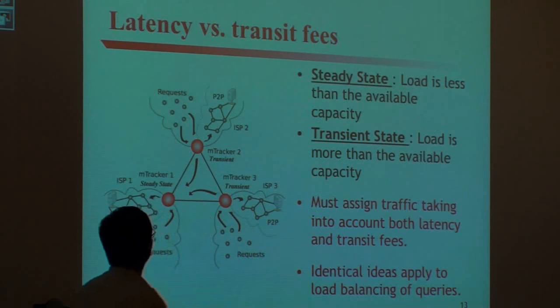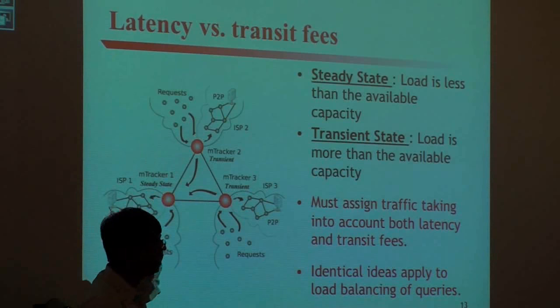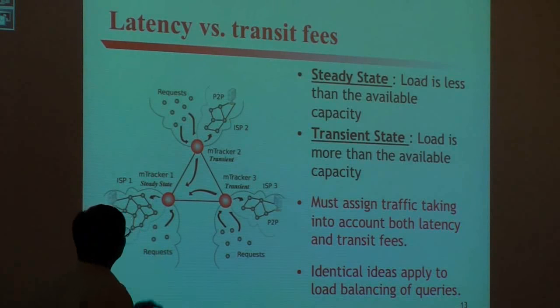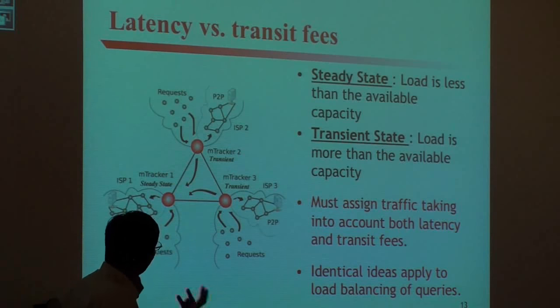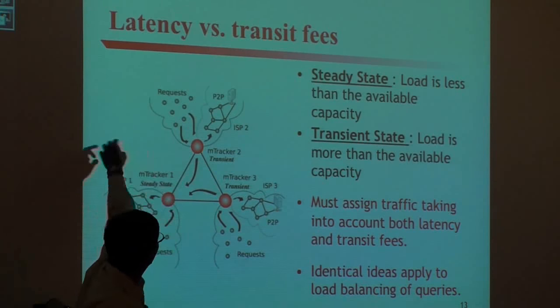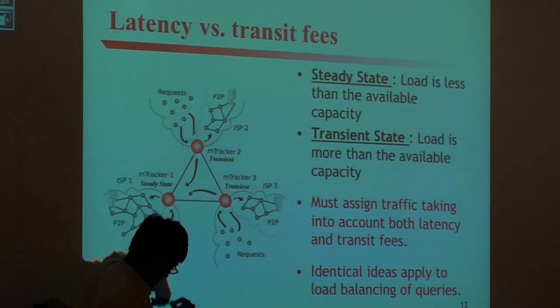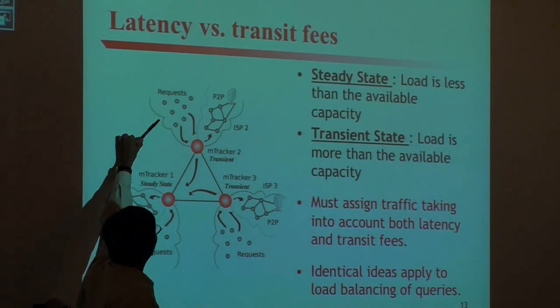So here is my problem. Supposing, for example, I'm thinking of a query processing location. These are all front-end clusters, so when my query shows up, it is handed off to some particular front-end. These requests coming down here are all the queries. So for example, this is a particular location.